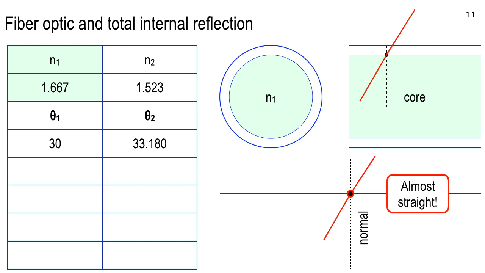Now, this stuff out here that surrounds the core is called the cladding, C-L-A-D-D-I-N-G. And the cladding has to have a little bit smaller index of refraction. It's got to be a little bit faster medium. The way that they do this is with two different kinds of glass. It's got to be flexible. It's really tough to do, but they've got a lot of good optic fibers, of course.